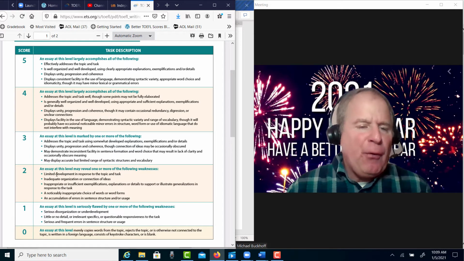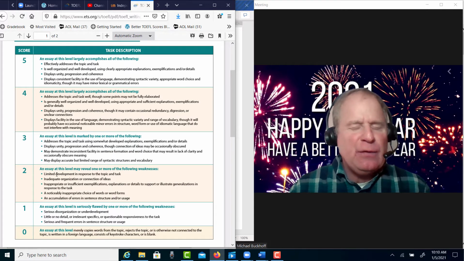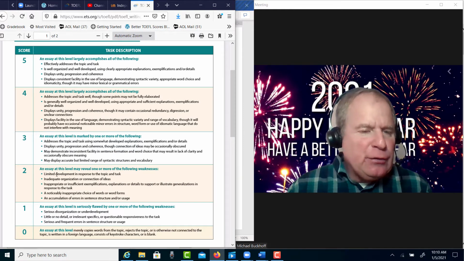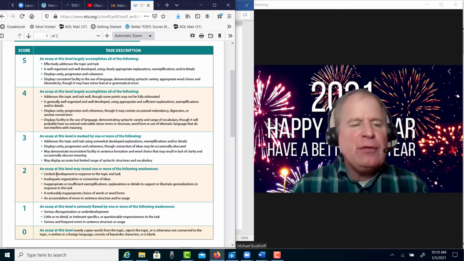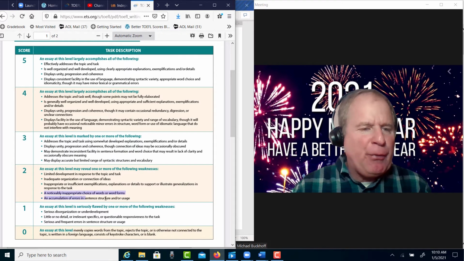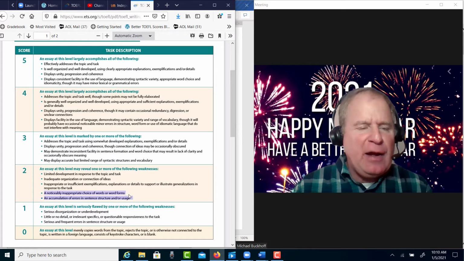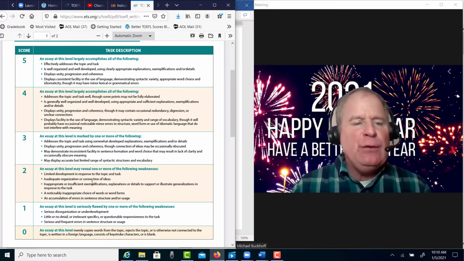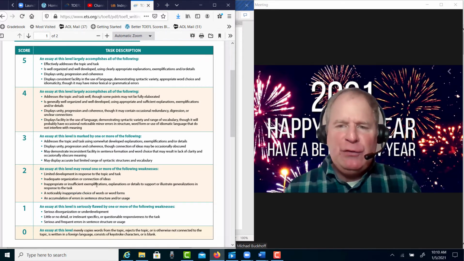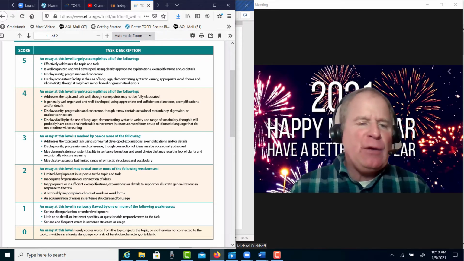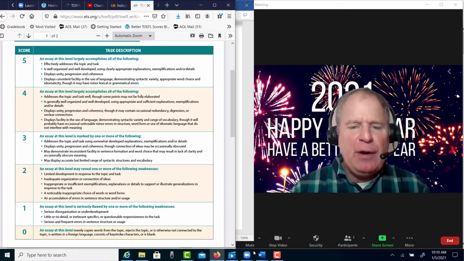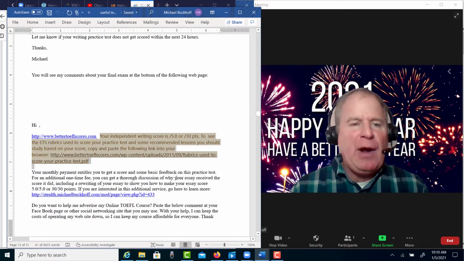Yes. Inappropriate or insufficient exemplifications, explanations, or details. Yes. A noticeably inappropriate choice of words or word forms. Yes. Accumulation of errors. I didn't notice a lot of major problems here. I'm not paying as much attention to that right now, but whatever the case, your score is kind of between 2.5 and 3. So I'm going to put you around 17 points on this practice test.